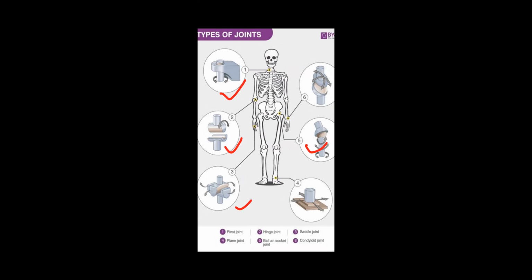The plain and other variety, the condyloid variety, is not there. So we have these four varieties of synovial joints: ball and socket, hinge, pivot, saddle, and one more which is called the gliding joint. That is what we are going to study now, one by one. We are going to study each category.